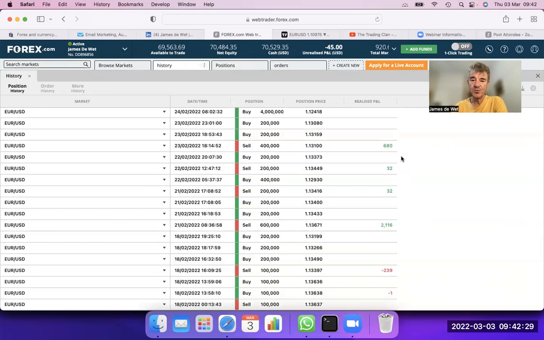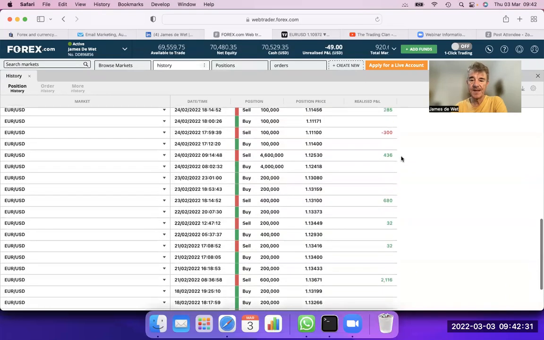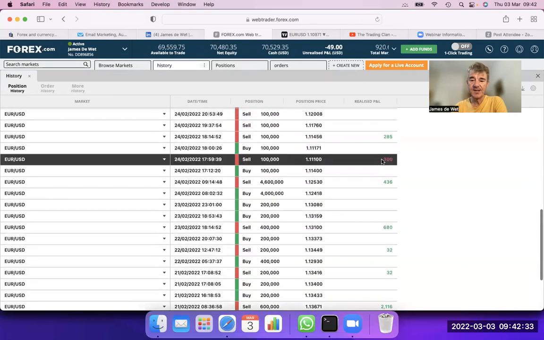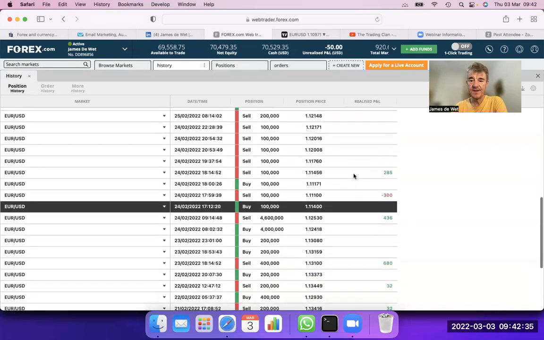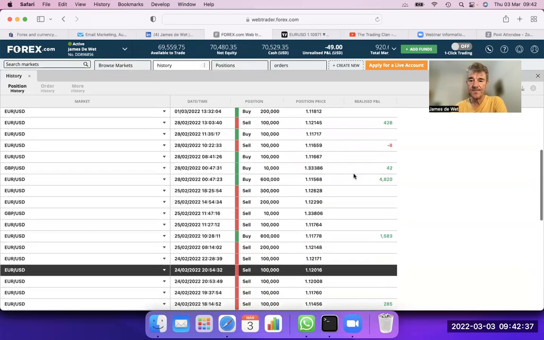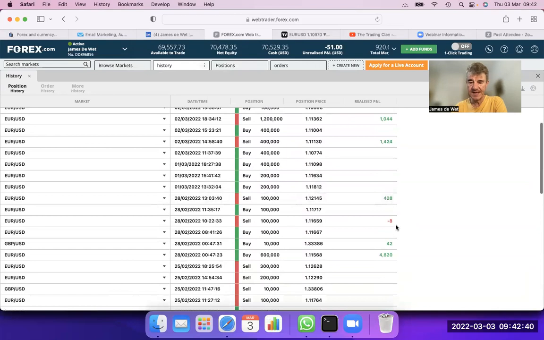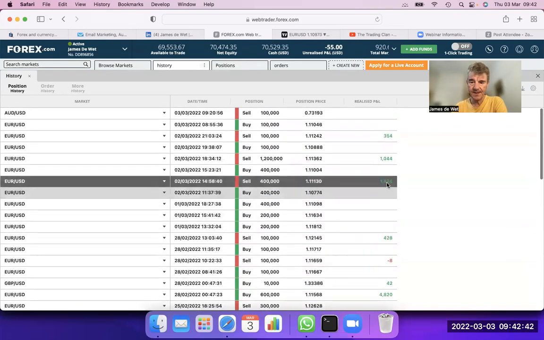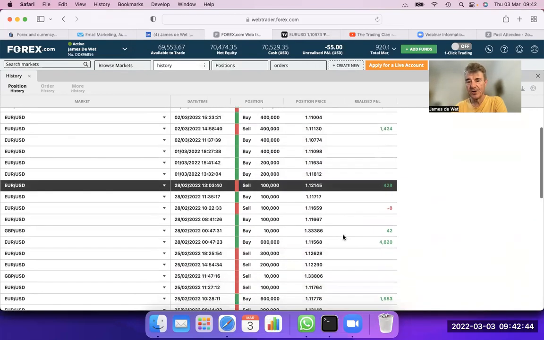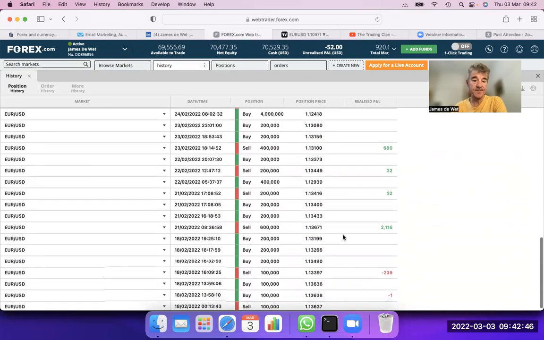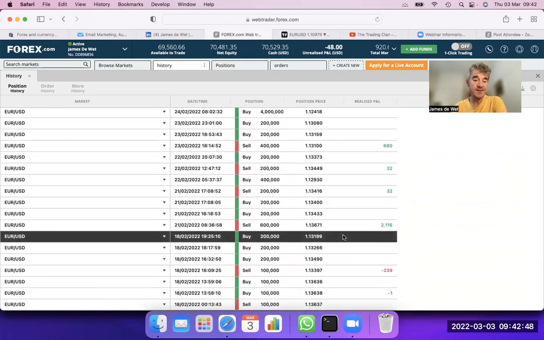Then there's a 2,000 win, a 680 win, a 430 win, another loss of $300. I think that was the only other loss, really. There's an $8 loss, that was a break-even exit. And then a couple of other wins. So really only 2 losses since the middle of February, which is quite phenomenal.